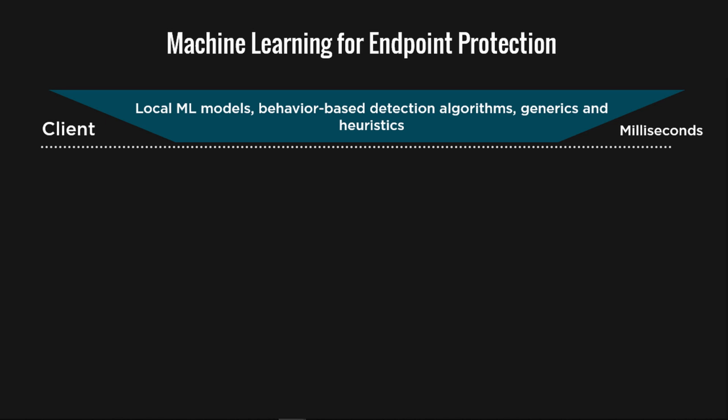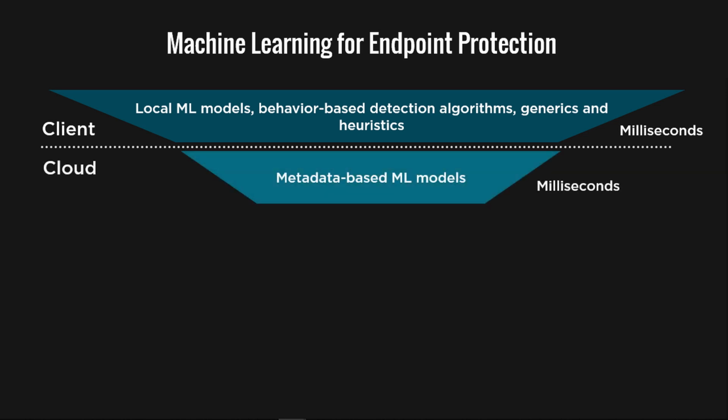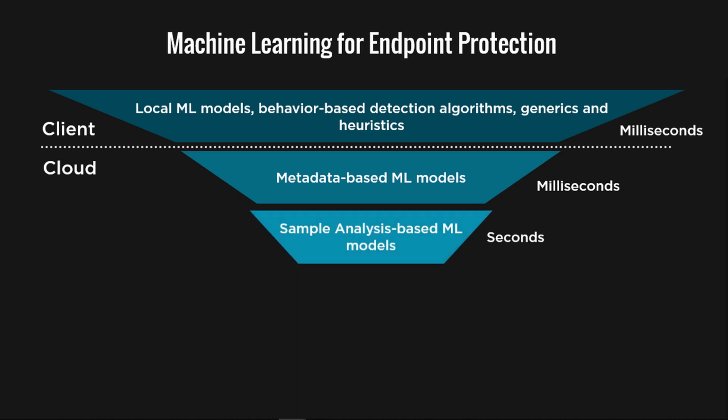But the client can consult the cloud by sending only metadata, so that the cloud can use metadata-based machine learning models to determine if the file is malicious or not. These only take milliseconds also. But if the cloud requests a sample, then sample analysis-based machine learning models are used in the cloud, which might take seconds, not milliseconds, seconds.